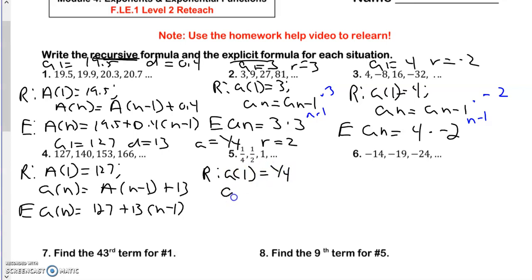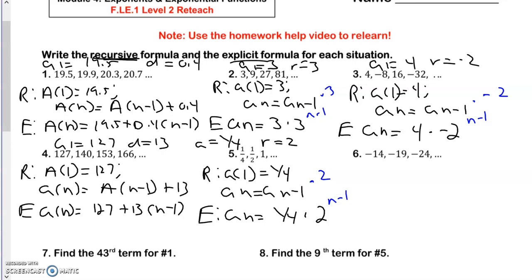And then I'm doing A of n equals A of n minus 1, and then I'm going to put times 2. Now my explicit formula is A of n equals 1/4, because that's my starting. I'm going to put 2, and remember, this is your exponent, n minus 1.